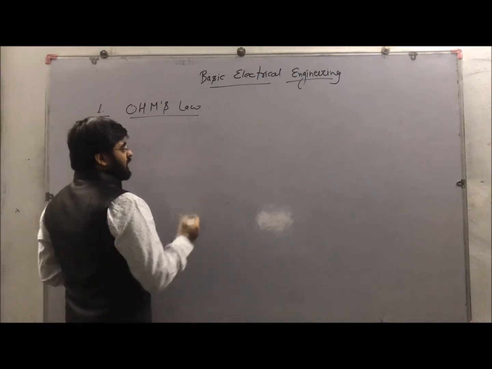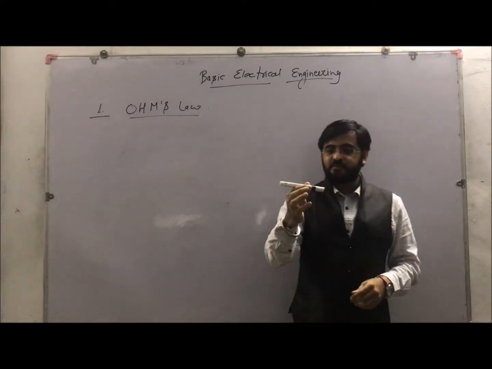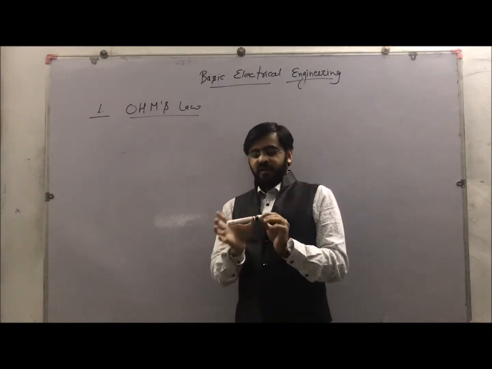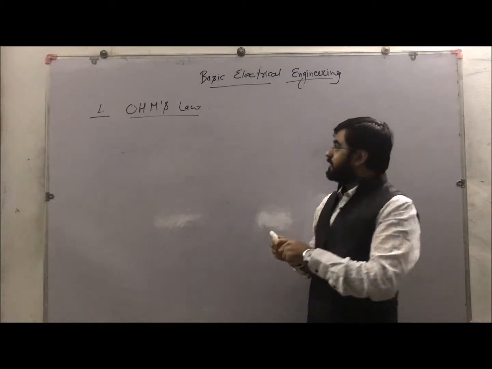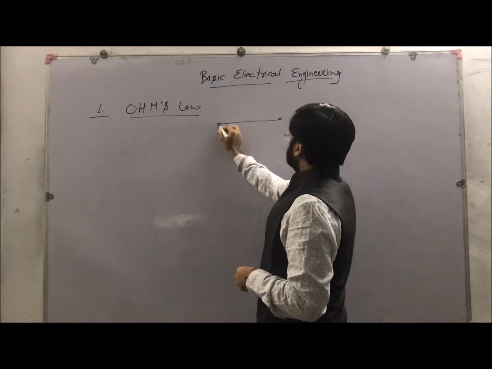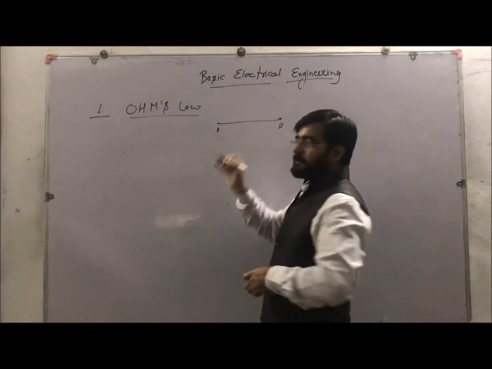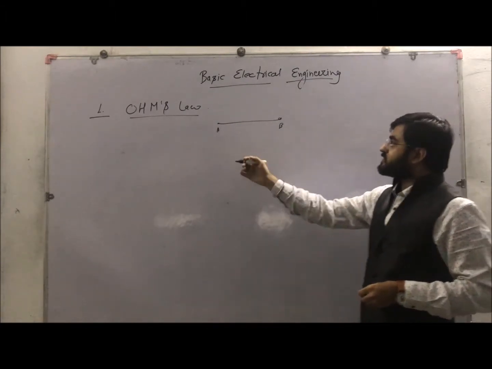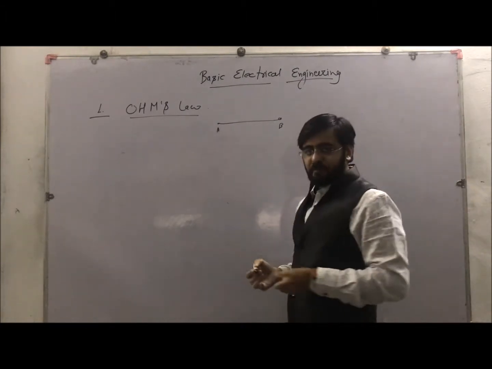We can see that in a conductor, suppose this marker is a conductor and it has two points, point A and point B. There is a potential difference between point A and point B.